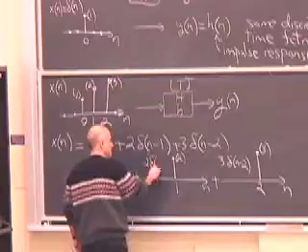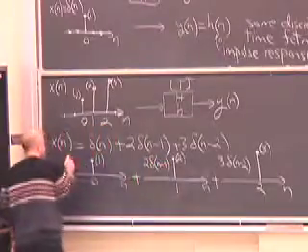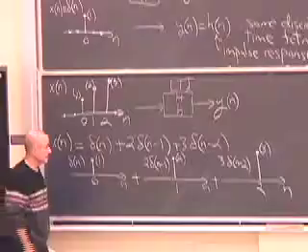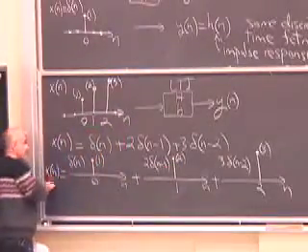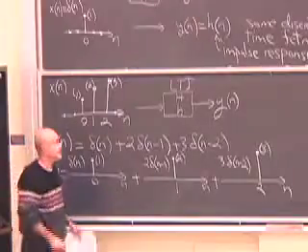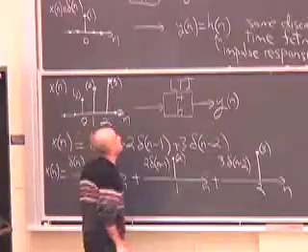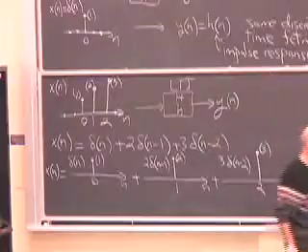This is 2 delta n minus 1. And this is delta of n. And the sum of these gives you x. Okay, Andrew. Take it from here.